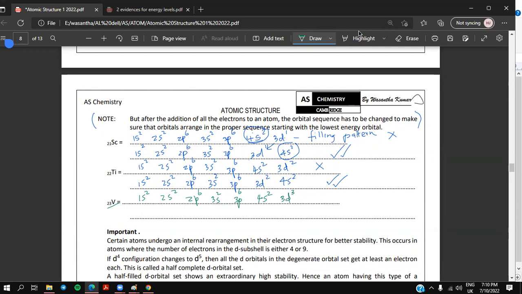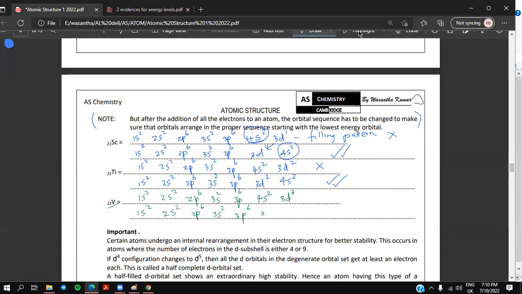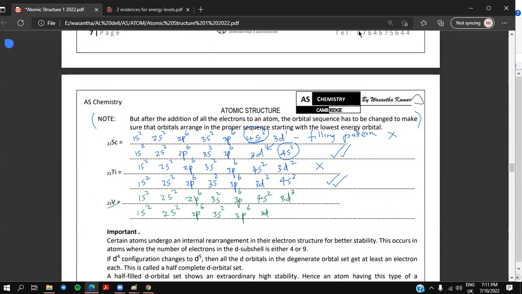And the correct electronic configuration accepted by the examiner is 1s2, 2s2, 2p6, 3s2, 3p6. Bring 3d in, 3d3, and 4s2. This is an accepted electronic configuration. The earlier one for vanadium is wrong.